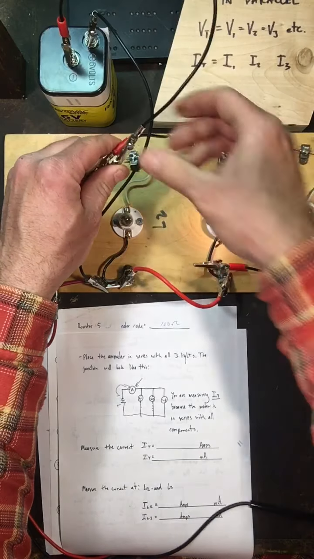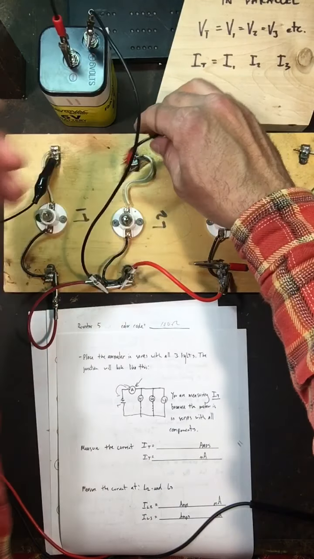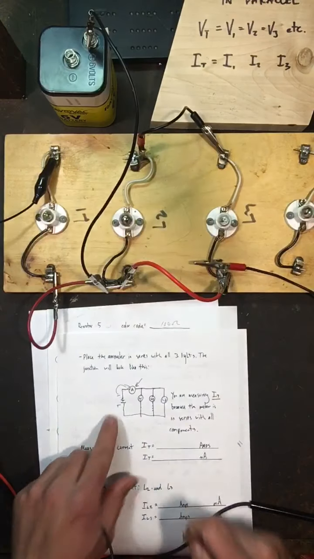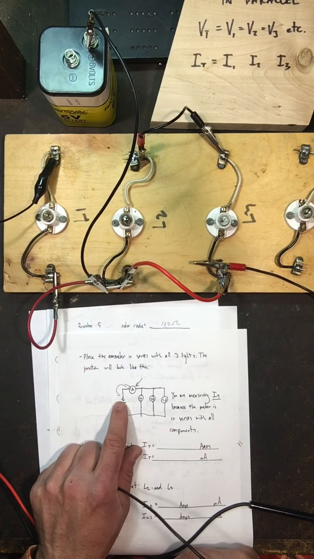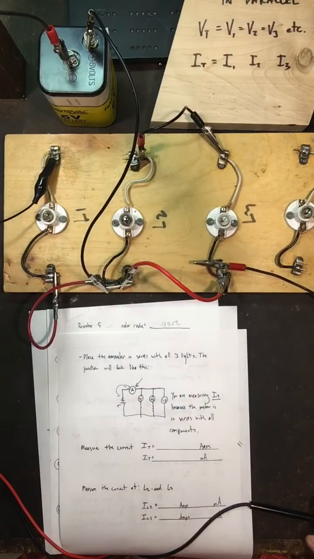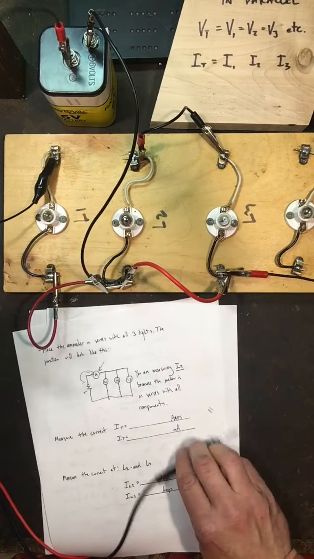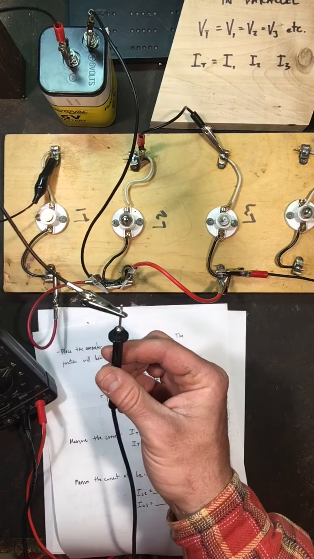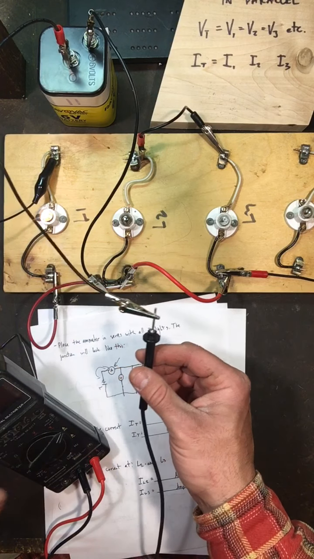And I'm going to try to take things apart a little bit more so we can see what's going on with this a little bit better. So now the negative from our power supply goes right to the negative side of my ammeter. Remember, here's the ammeter. Make sure you have that in the view here. You can see that. Okay?